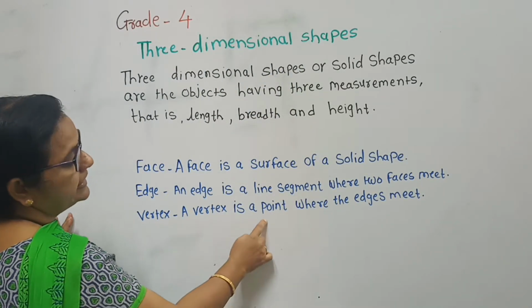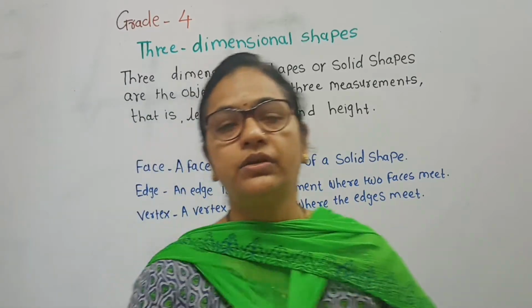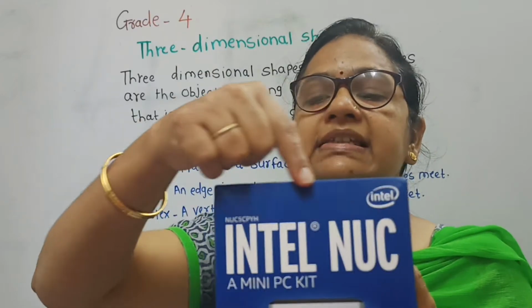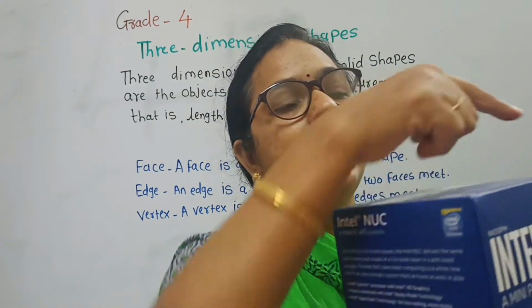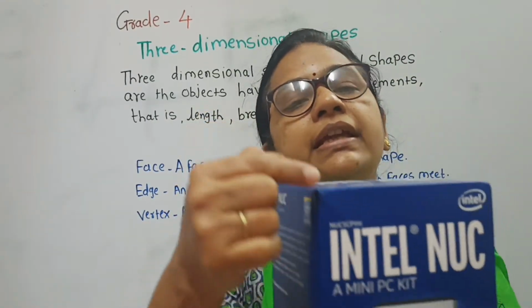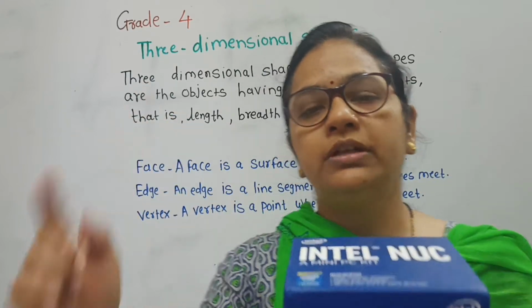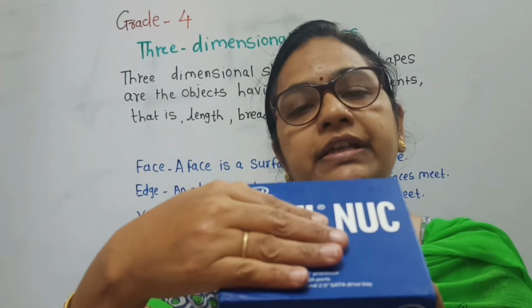Okay children, next one, vertex. A vertex is a point where the edges meet. Now see here, this is an edge. Here is also an edge, and where these edges meet, this point is called a vertex. Okay children, one more time, this is a face of the solid shape.